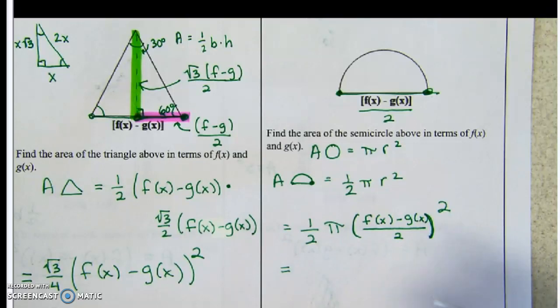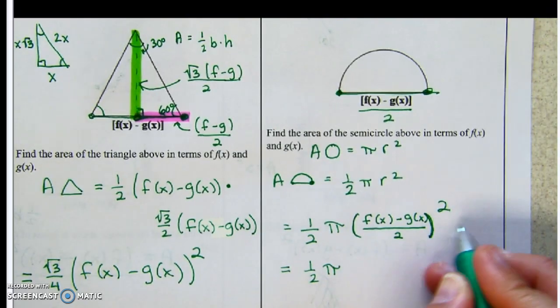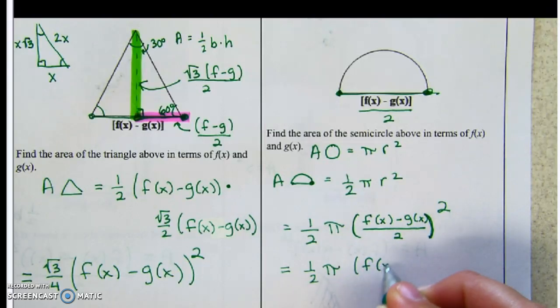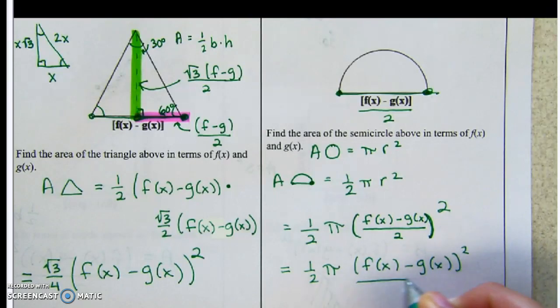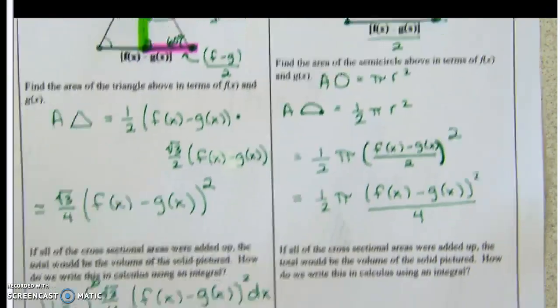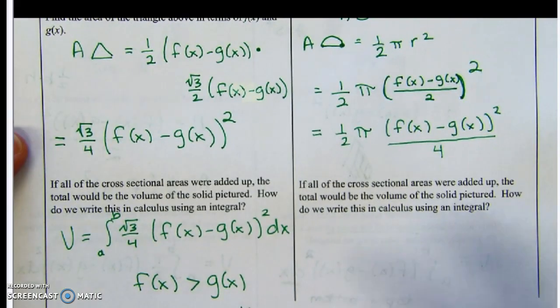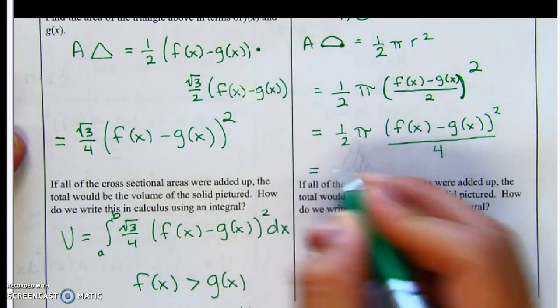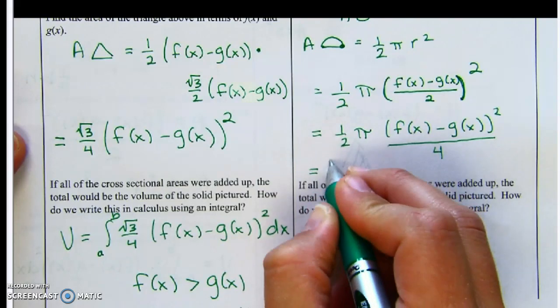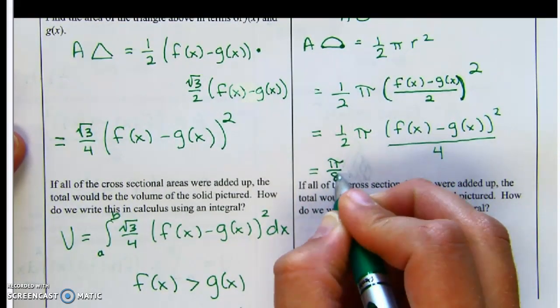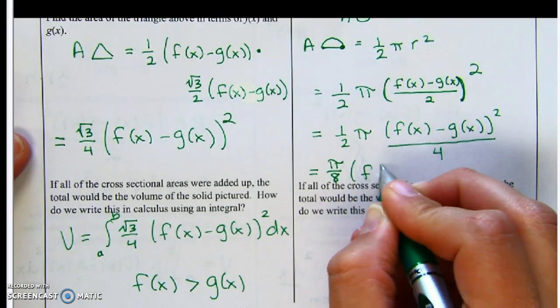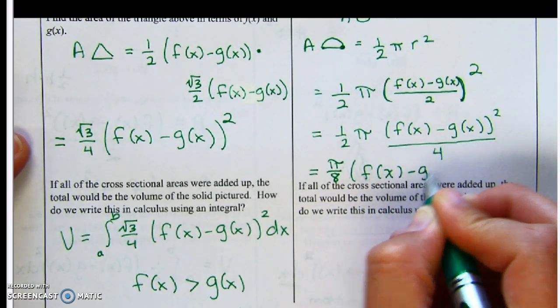Let's square this 2. So this is f minus g squared over what number? What is 2 squared? 4. So instead of one-half pi, 2 times 4 is 8. So pi over 8 times f minus g squared is the area of one of the semicircles.